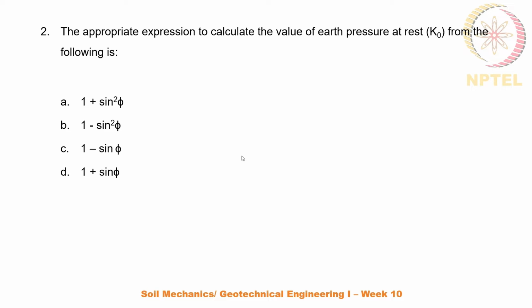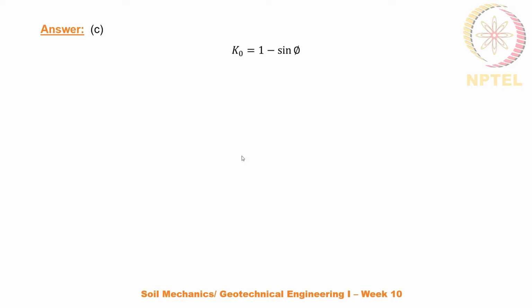Option C 1 minus sine phi. Option D 1 plus sine phi. Okay, I have an answer in the chat box, that is option C. Yes, the correct answer is option C. That is, the equation for calculating earth pressure at rest is K0 equal to 1 minus sine phi.